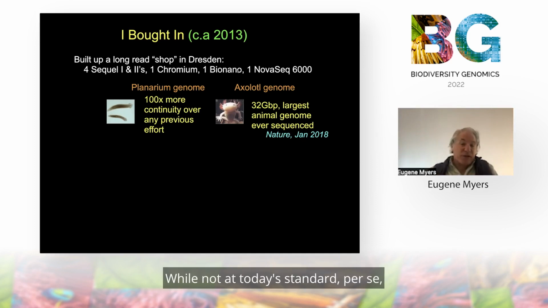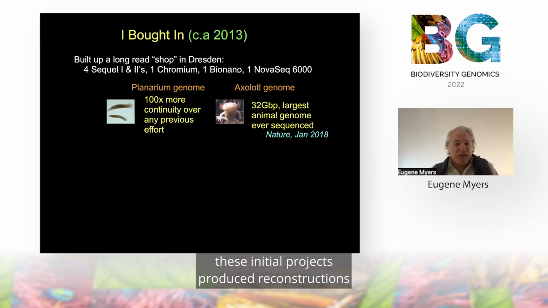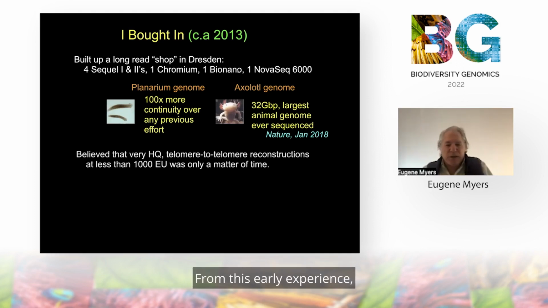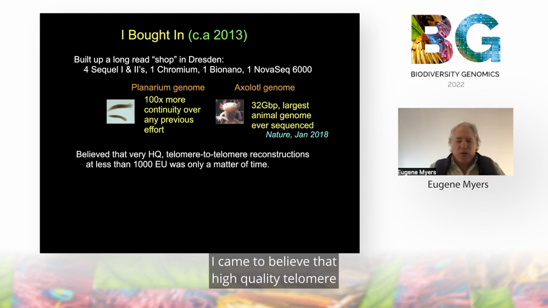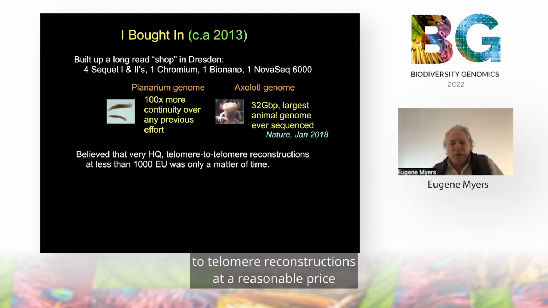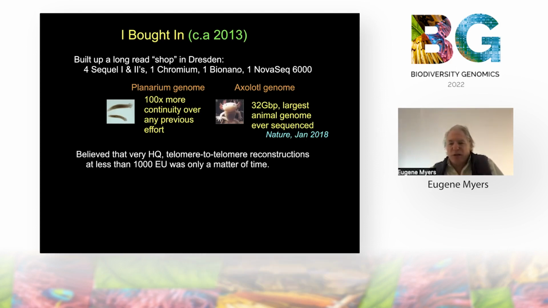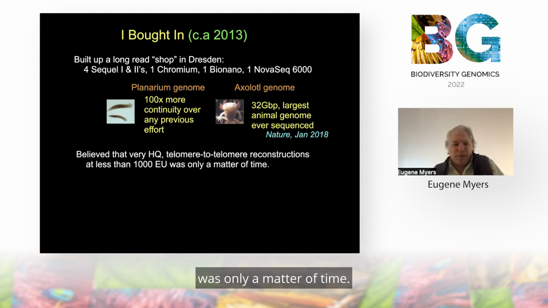While not at today's standard per se, these initial projects produced reconstructions that far outstripped previous work at that time. From this early experience, I came to believe that high quality telomere to telomere reconstructions at a reasonable price was only a matter of time.